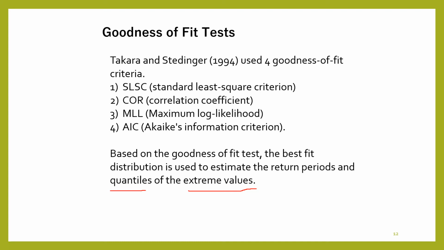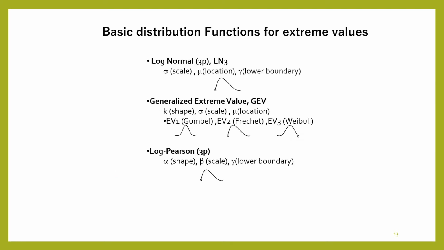For example, for a 100-year return period, what is the rainfall intensity? The rainfall intensity here is the extreme value, or the quantile. We have a lot of distribution models. Here it says distribution functions, but it's the same, distribution functions and distribution models.